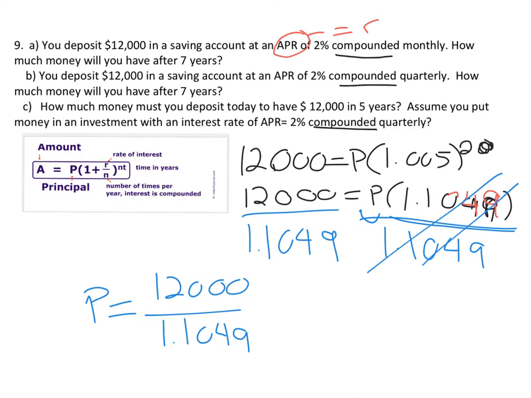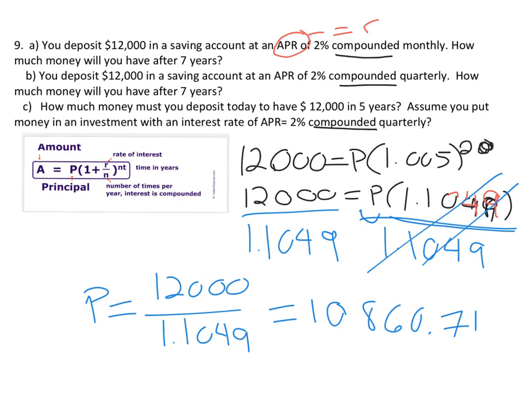And what I get is equal to $10,860.71. I go back to my original problem and I just ask myself, does this make sense? Well, the first thing I need to check is that it's actually less than $12,000. Because if I'm putting money in now and I want it to be $12,000 in the future and I'm earning interest, my money should not depreciate.